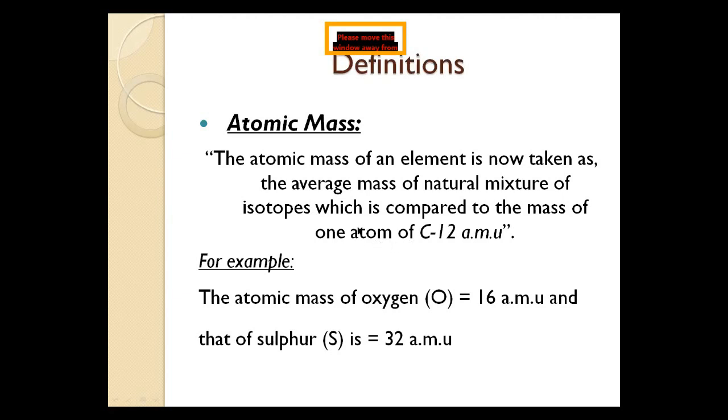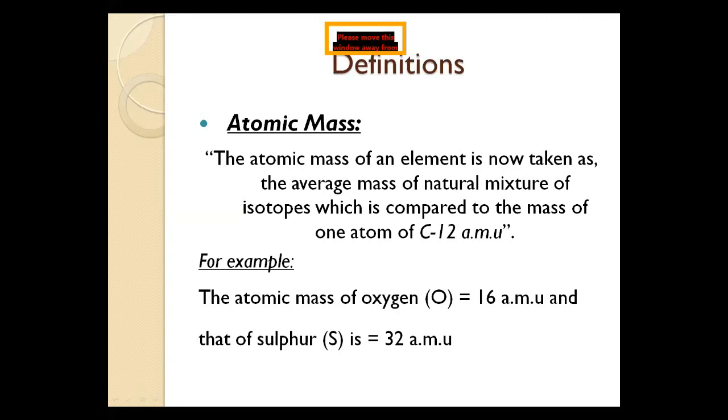We can compare the mass of any element with one atom of carbon-12, and its unit is AMU, the atomic mass unit. I have already told you, but I'm repeating: atomic mass is the mass of an atom in atomic mass units, or precisely 1/12th the mass of an atom of carbon-12.